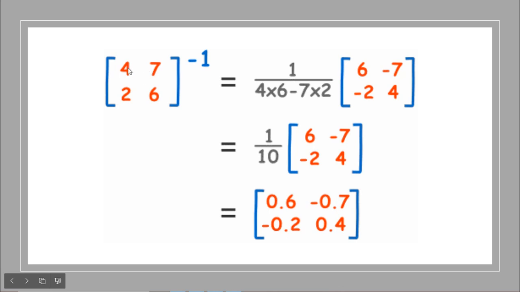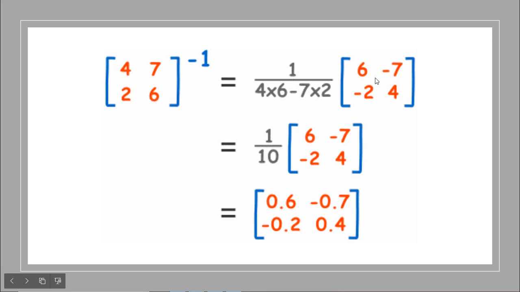Adjoint is you will change the position of 4 and 6. When you change the position of 4 and 6, it means that 4 will take the place of 6 and 6 will take the place of 4. So shift 6 in place of 4, and shift 4 in place of 6.